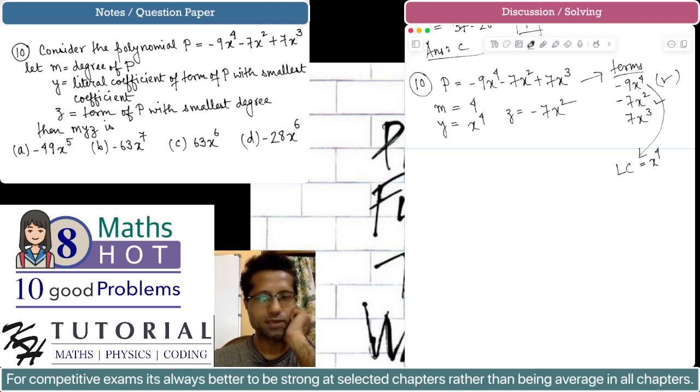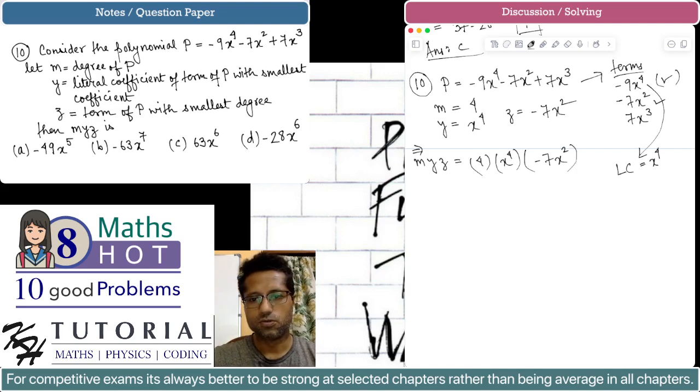So we have to find the value of m y z. This implies that m y z will be equal to 4 multiplied by x to the power 4 multiplied by minus 7 x square. Now this becomes the product of three monomials.